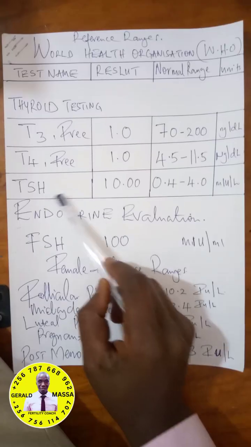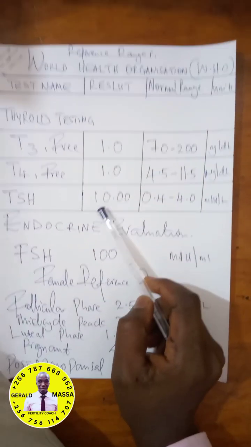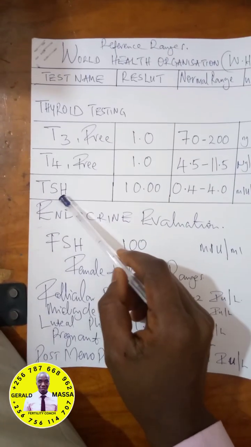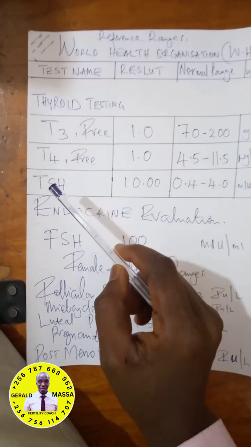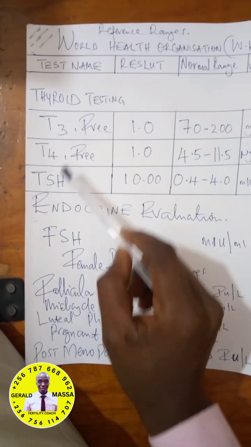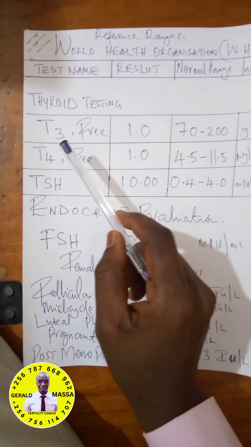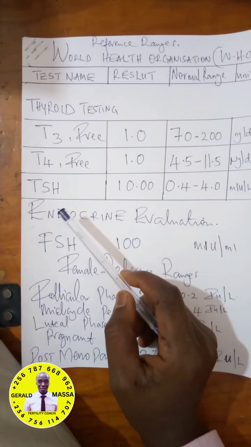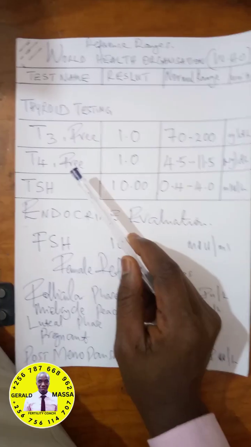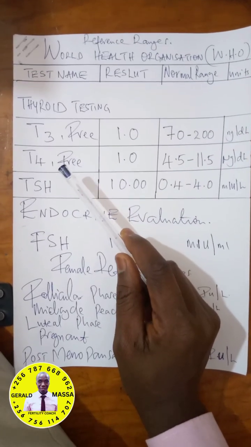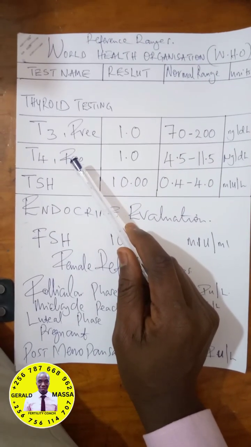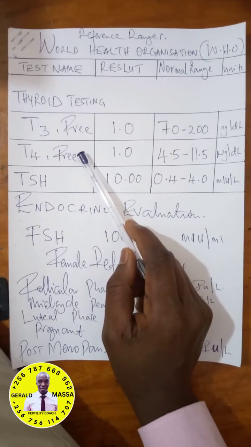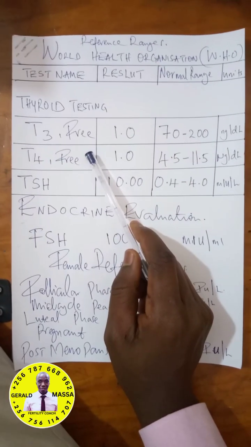If your TSH is high, 10.0, it simply means that your brain is sending TSH to the thyroid gland, telling it to produce T3, T4. Why? Because maybe there are many functions that need to be done, including the control of your weight, your saturation, your periods, your ovulation, plus other processes, and even your blood pressure.